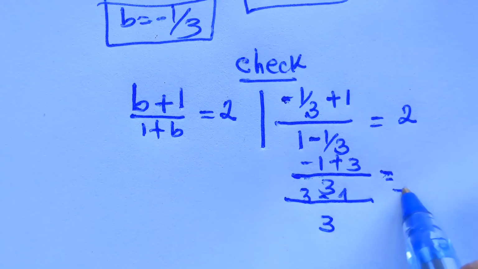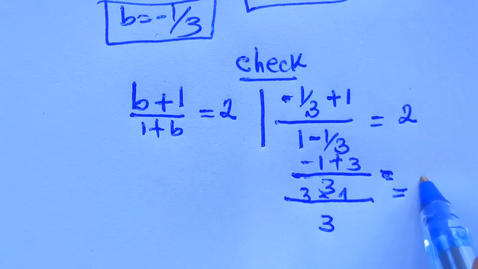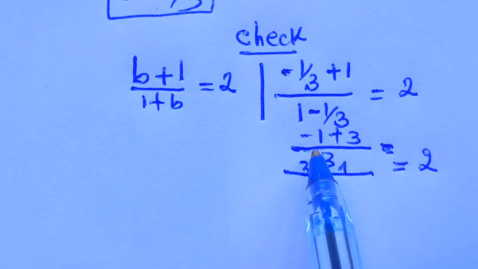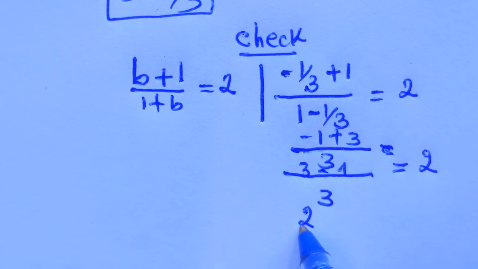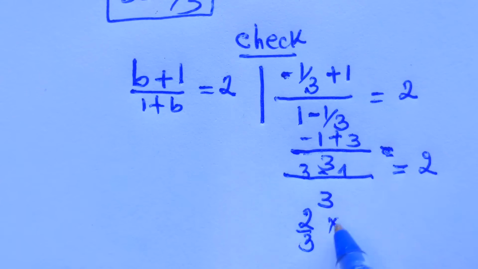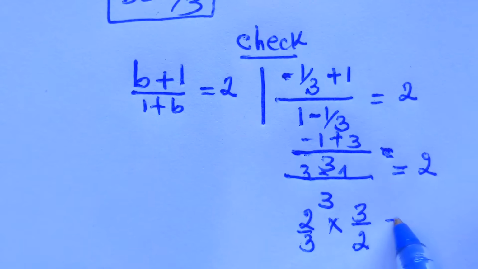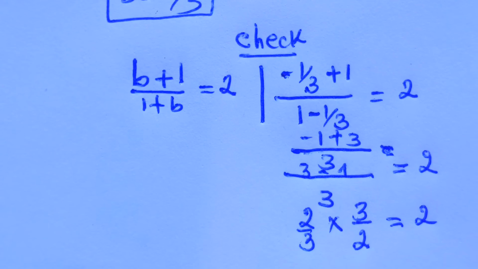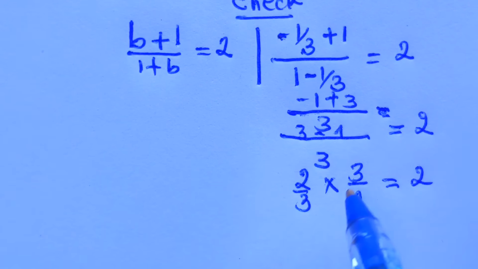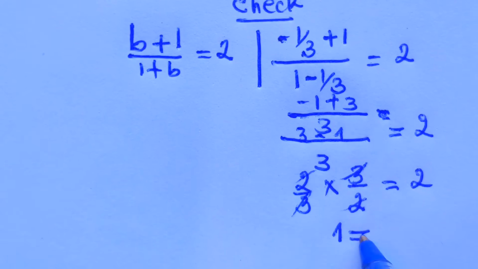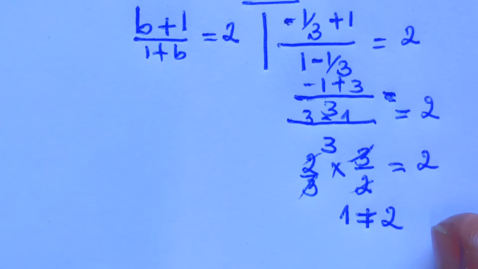What should we get here? We should get 2/3 times 3/2, which equals 2. And of course, this and this cancel and we get 1, which is not equal to 2.